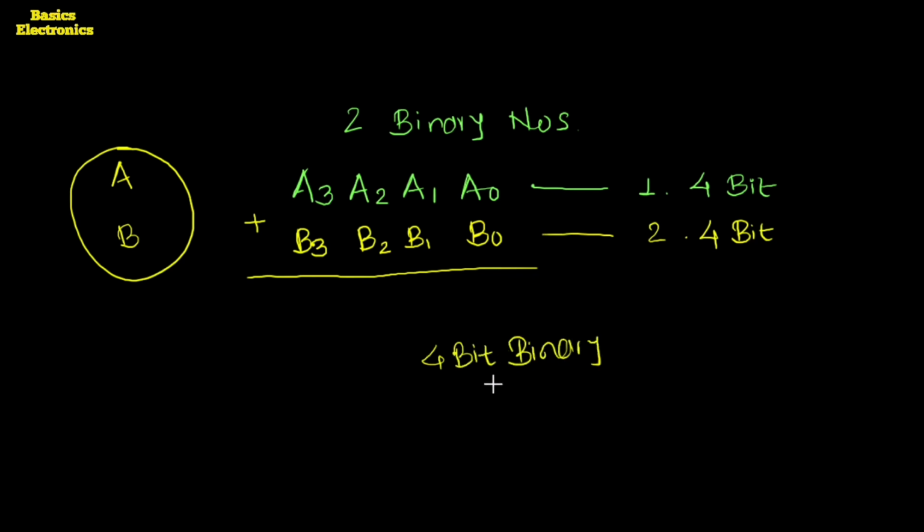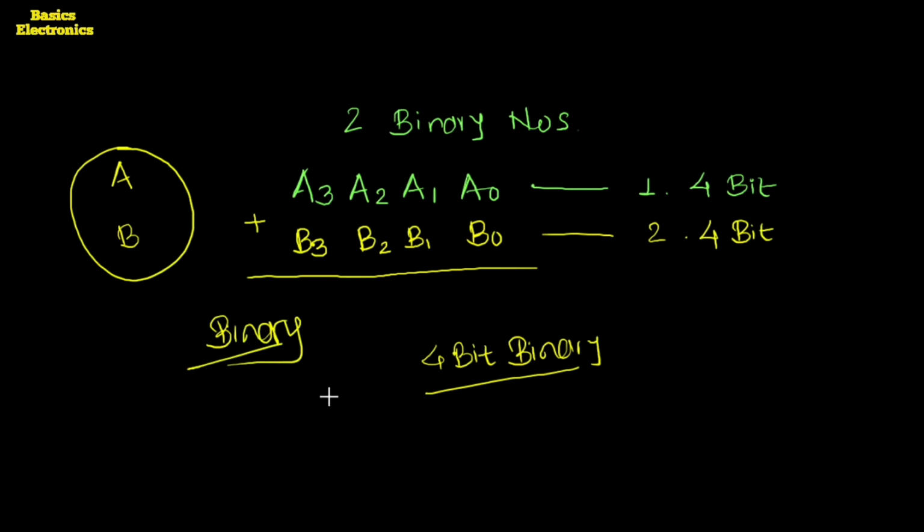But if we have numbers with many more bits instead of these 4 bits, that adder is what we call a binary adder.